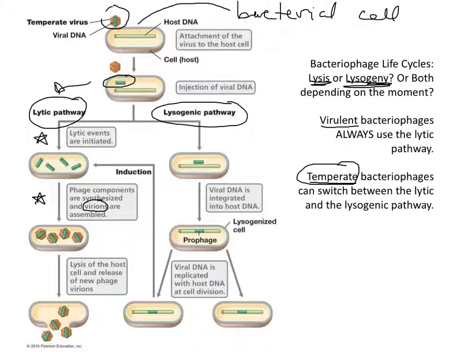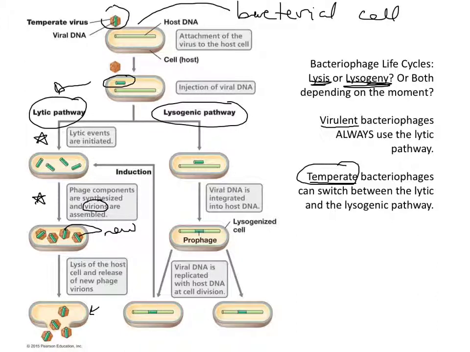So these are multiple new viruses, and they're increased in number relative to the original infecting viral particle or virion. Once you have a lot of those assembled, you build up so much pressure inside the host cell that it will lyse or burst. And that's what's happening down here.